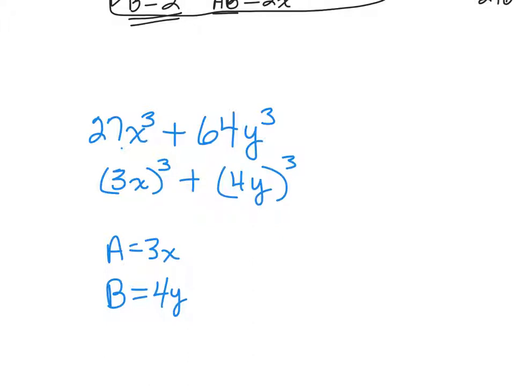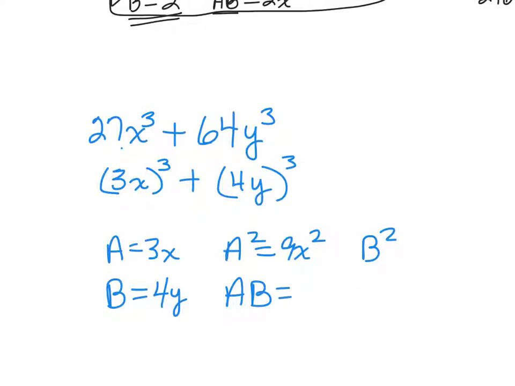The only other things we need are a squared, ab, and b squared. A squared would be 3x times 3x, or 9x squared.